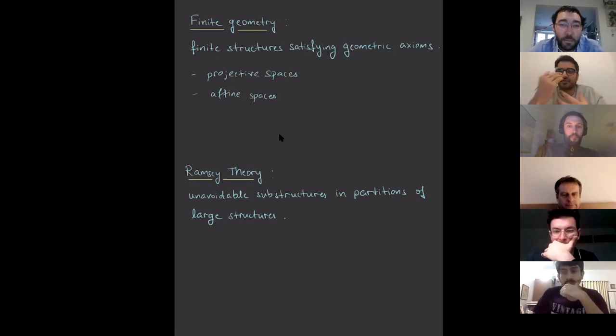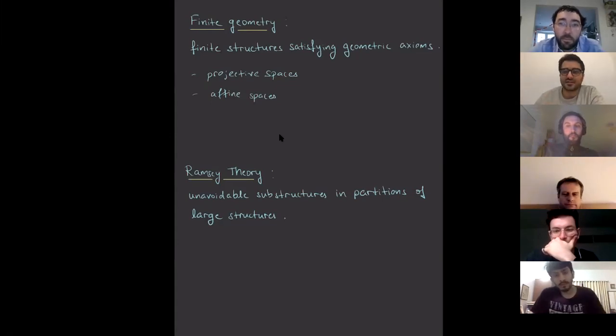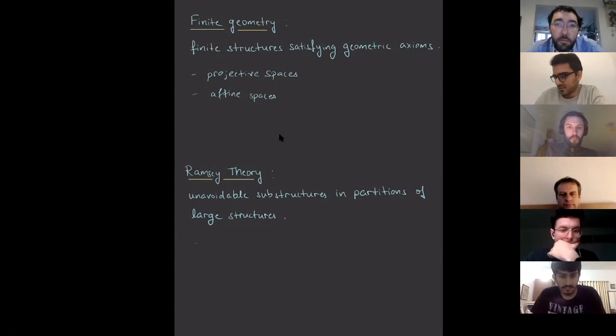So whenever you have some mathematical object and you partition it, which in Ramsey theory is often stated as coloring something, and then those color classes are your partitions, then if your structure is large enough, at least one of the color classes will have some fixed structure. That's the basic idea of Ramsey theory. And the classical thing, which we will be working on, is graph Ramsey theory.